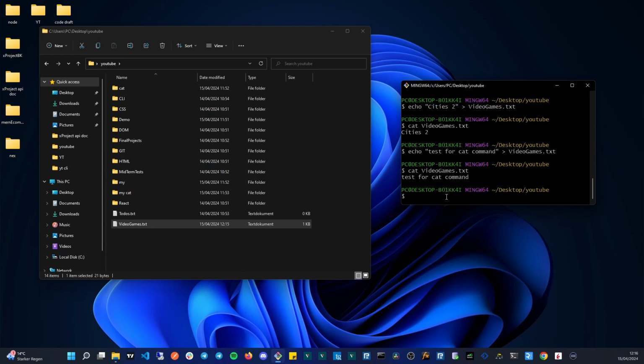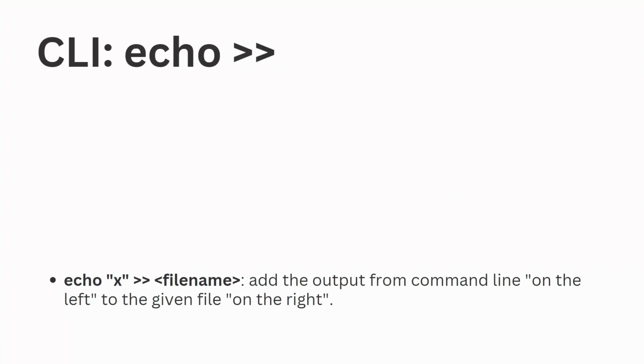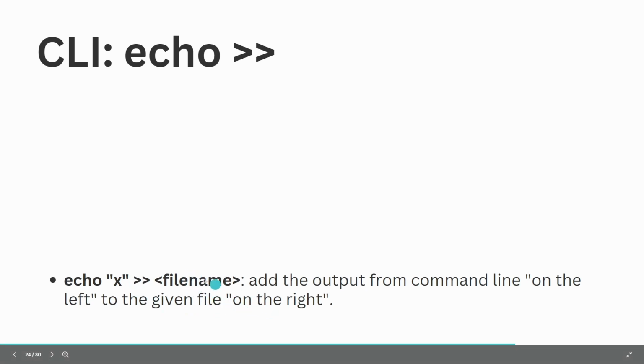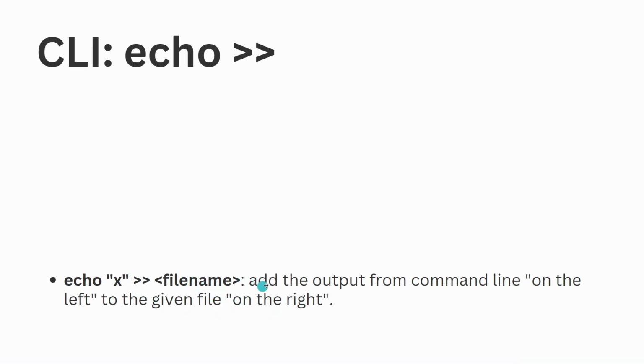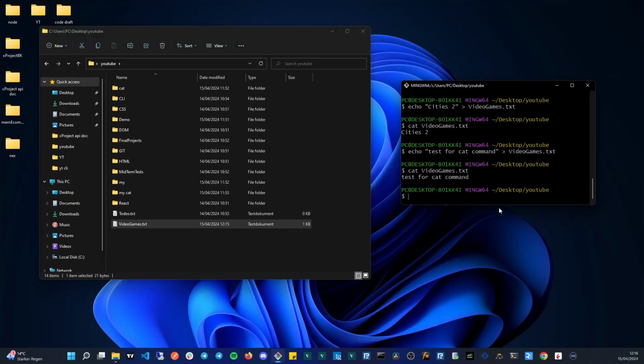So let's see what command helps us do so. Also echo, but with two greater than signs will do the work. Now it adds the output from the command line on the left side to the given file. It does not replace it, now it's adding only. Let's go and check it out. Here we are.